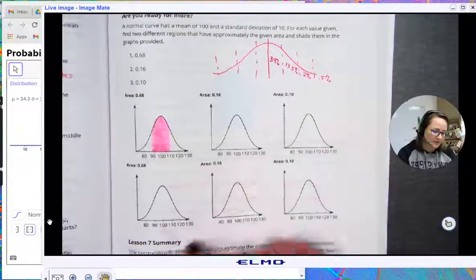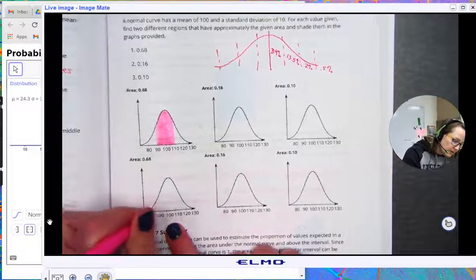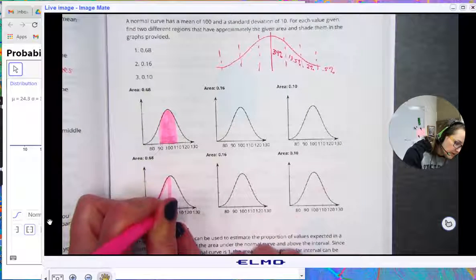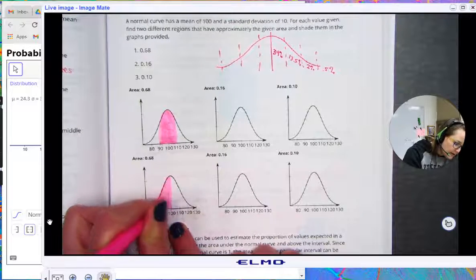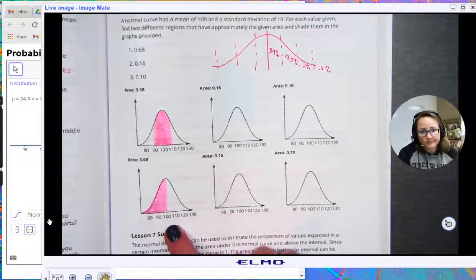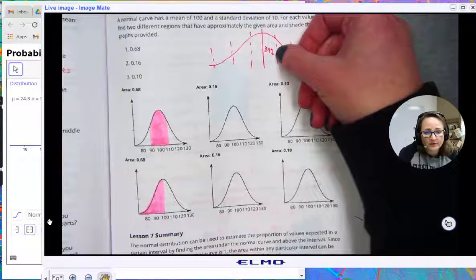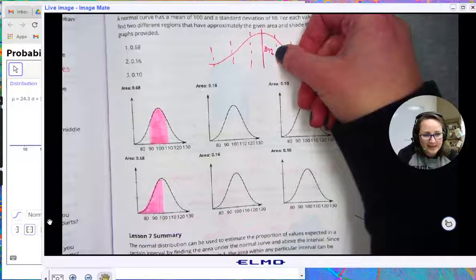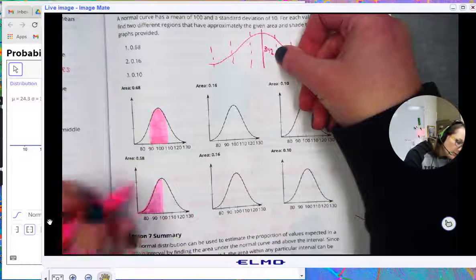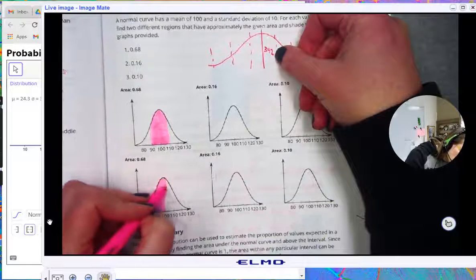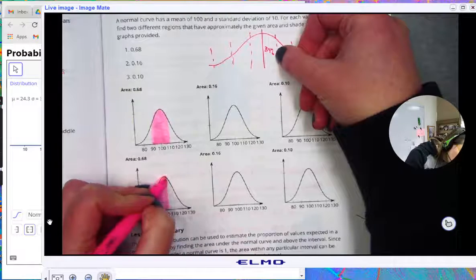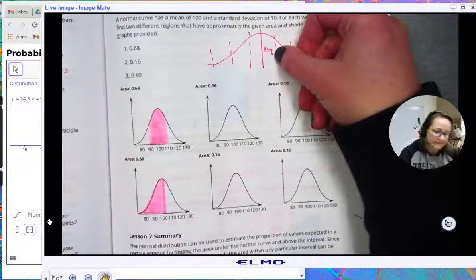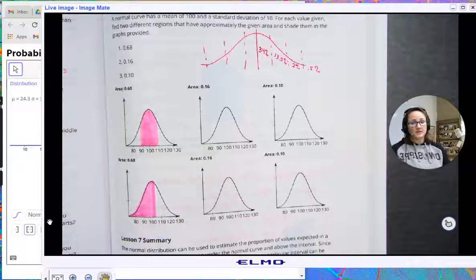A different way to show that: if I went from 0 to 100, that's half of our data. Now, I don't want to go a whole another 34% because that would be 84%. But if I go just a little smidge more, that would also be about 68% of our data.